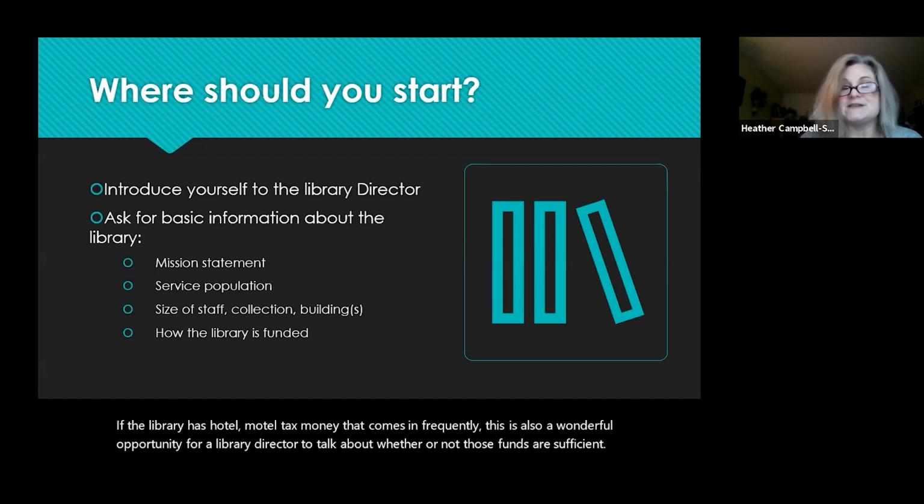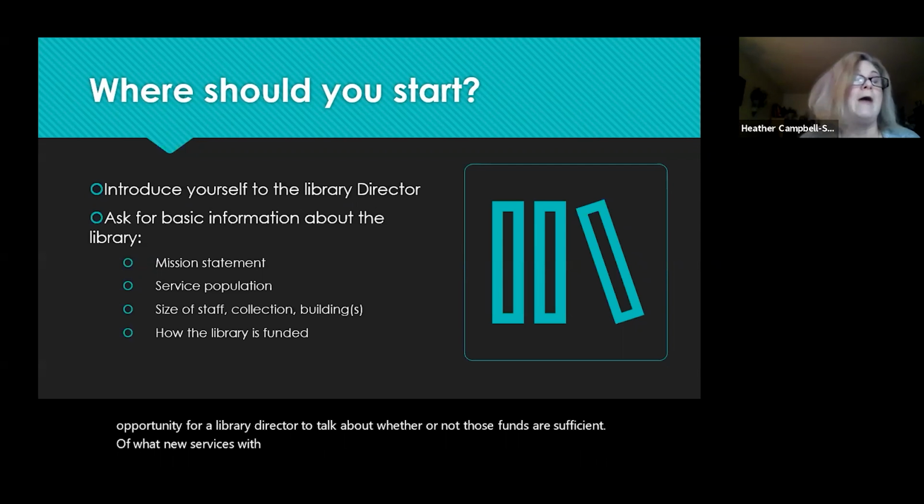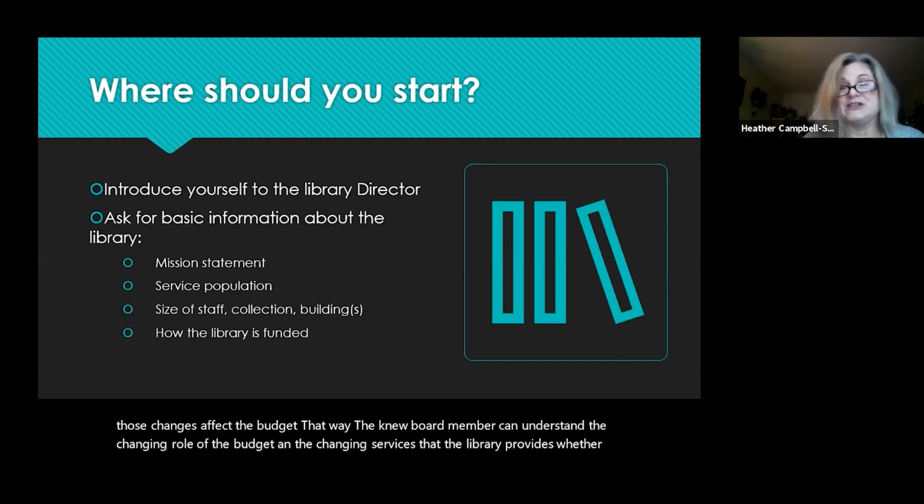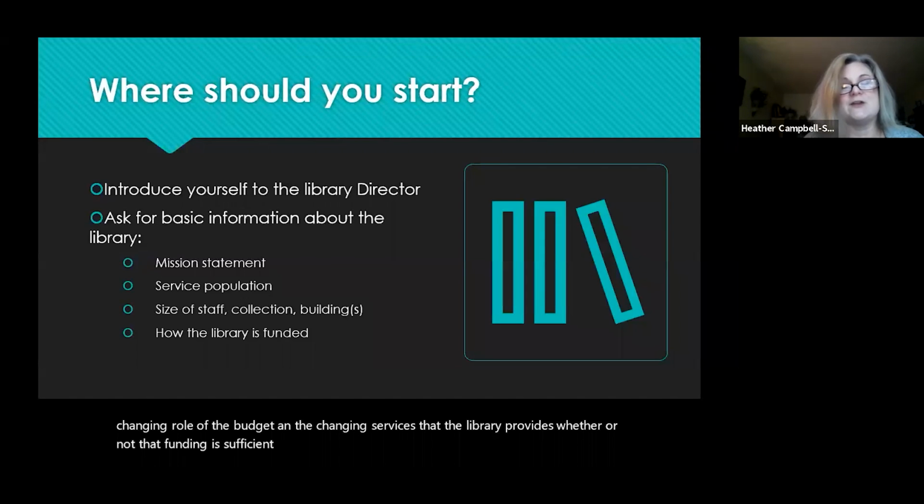What new services would the library director like to roll out in the next 5 years? How will those changes affect the budget? That way, the new board member can understand the changing role of the budget and the changing services that the library provides, whether or not that funding is sufficient, and help understand what might be needed in the next couple of years to help advocate for the library.